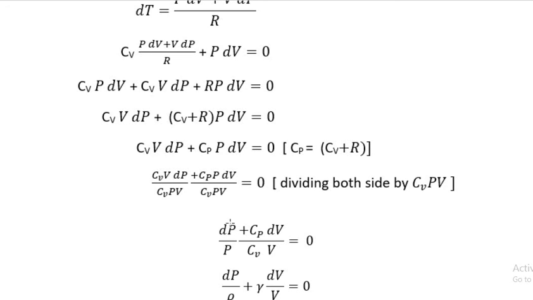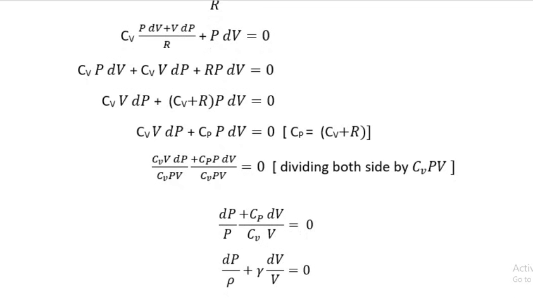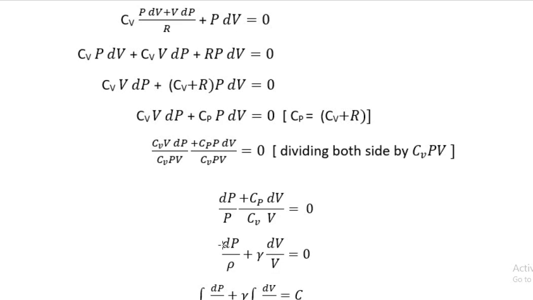So the remaining is dP by P plus, in the second term P and P will get cancelled, the remaining is Cp dV divided by Cv V equal to 0. So finally it is dP by P plus Cp by Cv, which is nothing but gamma, the atomicity of gas, into dV by V equal to 0.